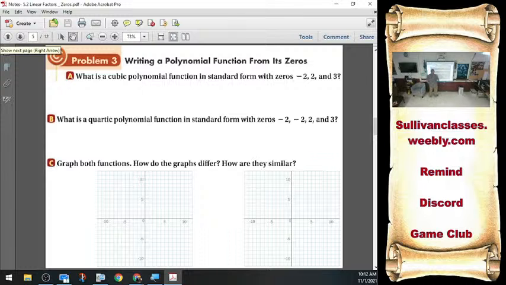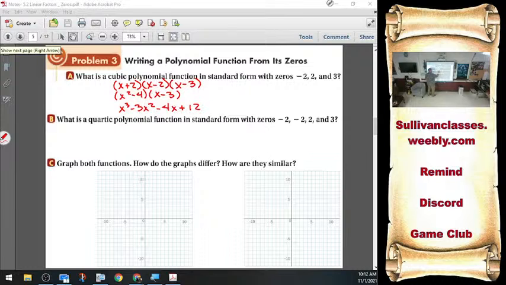So round one, I've got x plus 2, x minus 2, x minus 3, is x squared minus 4 times x minus 3, is x to the third minus 3x squared minus 4x plus 12. Okay, that one's going to have zeros at negative 2, positive 2, positive 3.